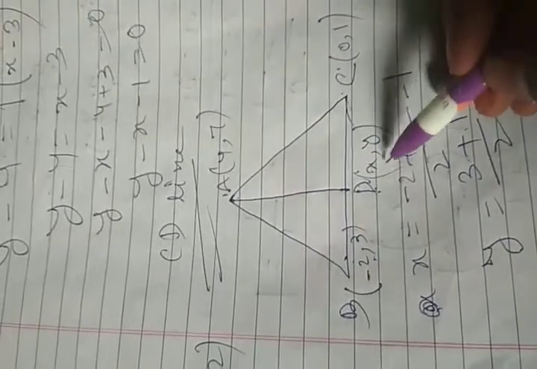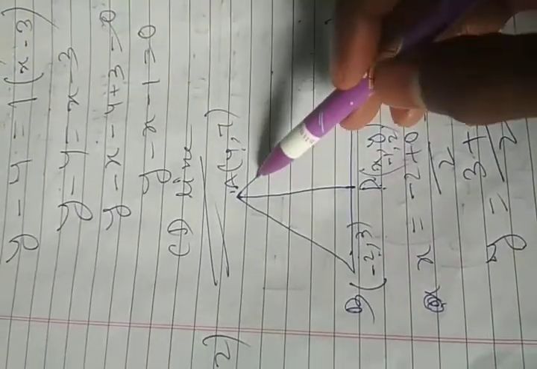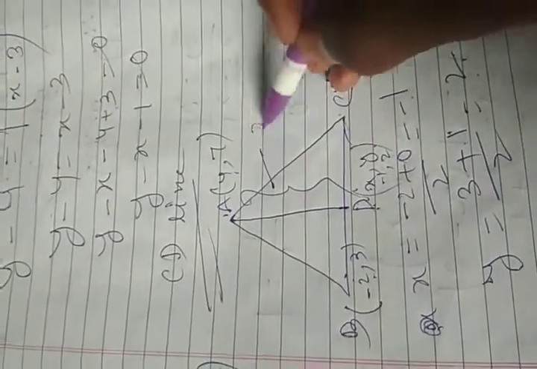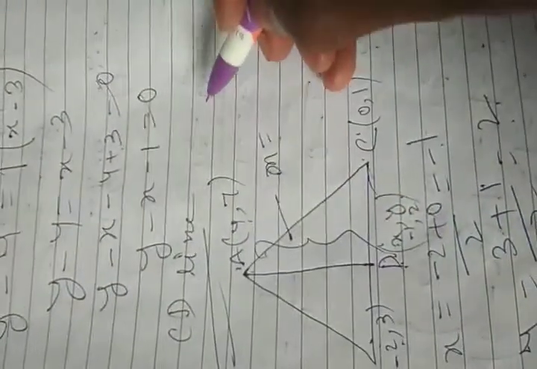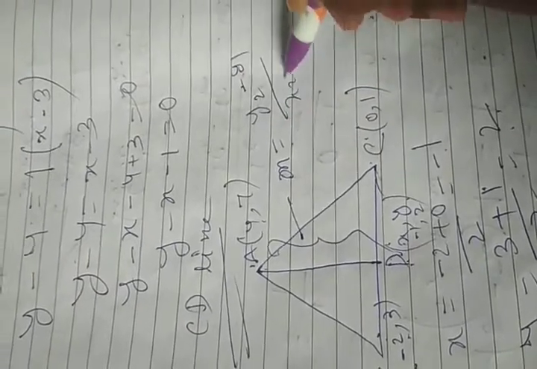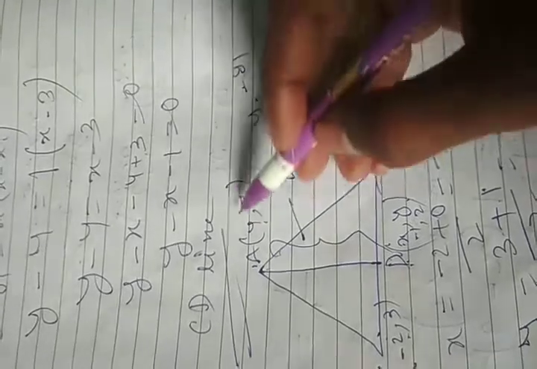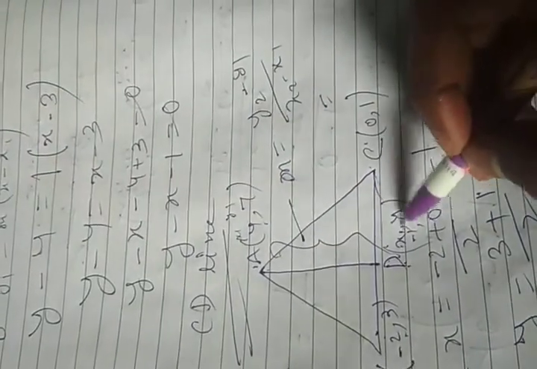Now we know that that is minus 1, that is 2, and that is 4, 7. So what is the m, slope of that line? We know the formula y2 minus y1 by x2 minus x1. Now I am assuming that is x1 y1 and that is x2 y2.